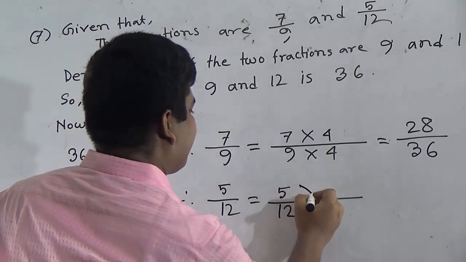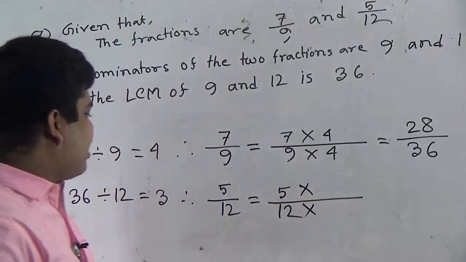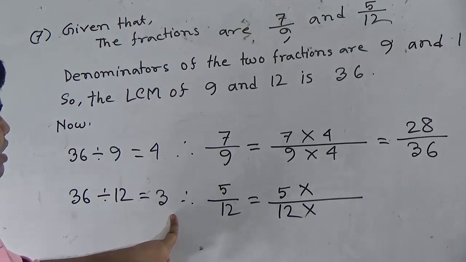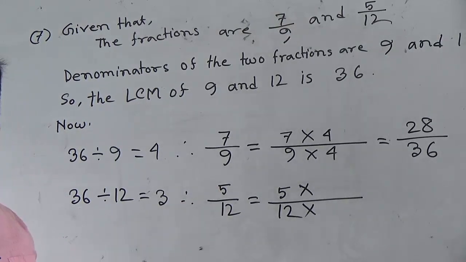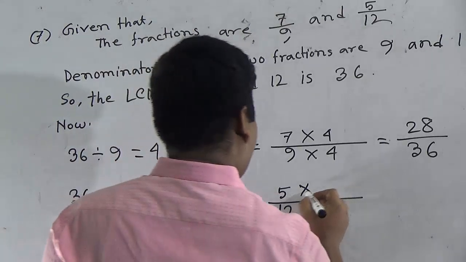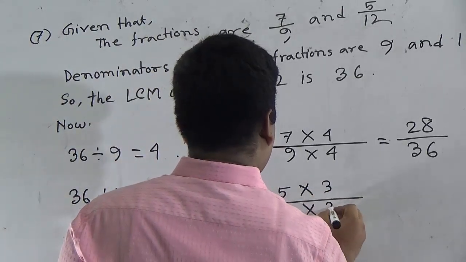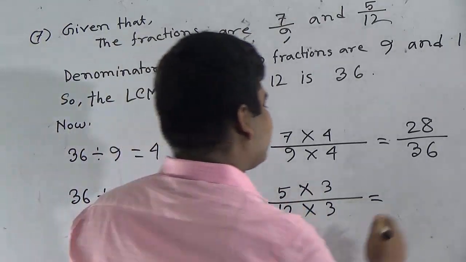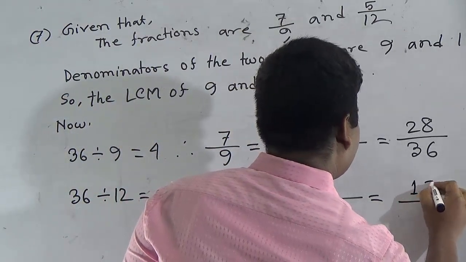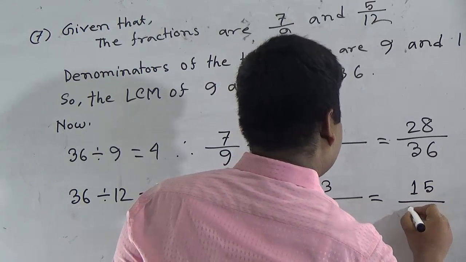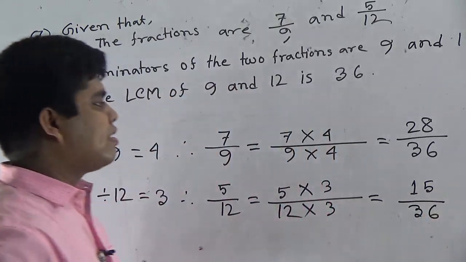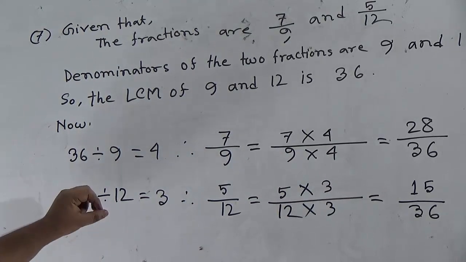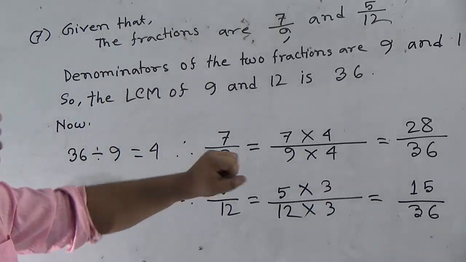Then we give a multiply sign. Here after division we get 3. So 3 is multiplied with numerator and denominator both. So 5 times 3 and 12 times 3. 5 threes are 15 and 12 threes are 36. I hope you have understood how to convert the fractions with common denominator.